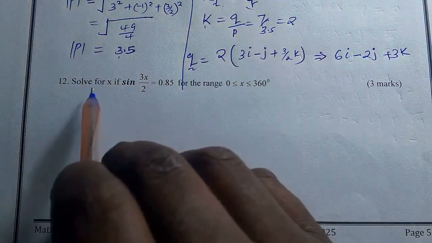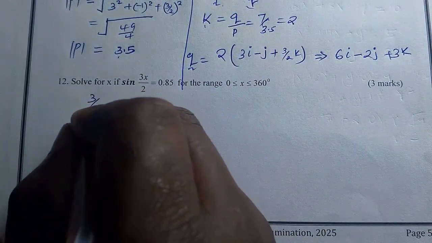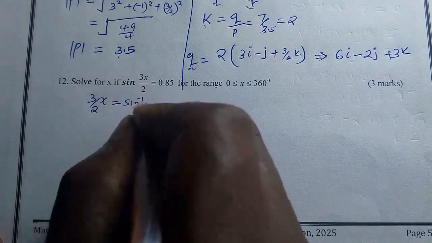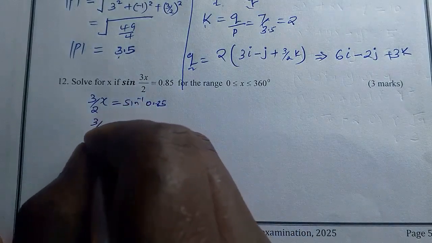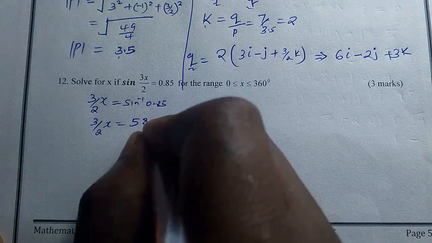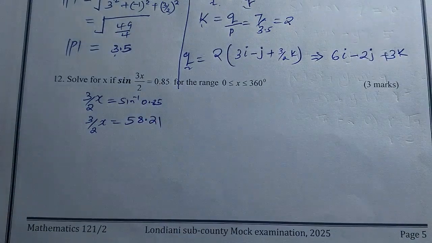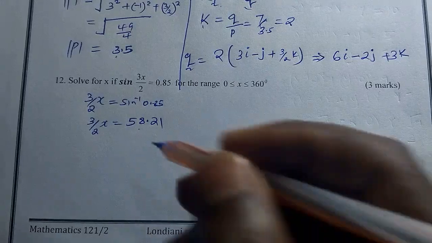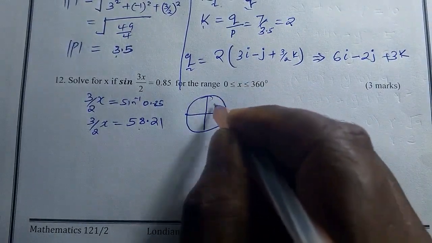Solve for x in this. So 3 over 2 x equal to sine inverse 0.85. Let's get the angle. So 3 over 2 x equal to 58.21. So our angle is this one, and we are using sine.